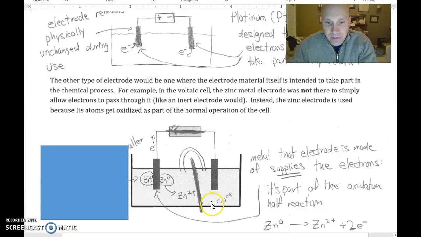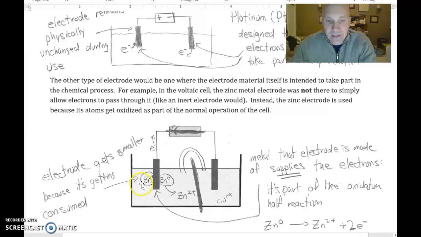Where are these zinc atoms located? They're located in the electrode. The one thing about this is that as this reaction occurs, you're actually going to get a smaller and smaller electrode, because these atoms are going to go from their neutral form and then start floating out into the solution when they're in their ionic form.